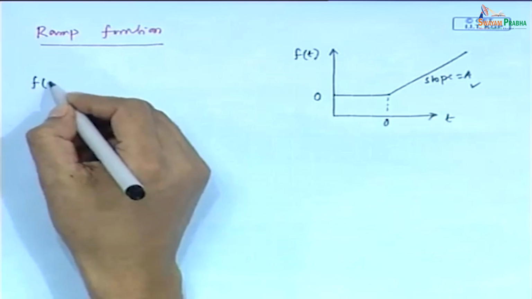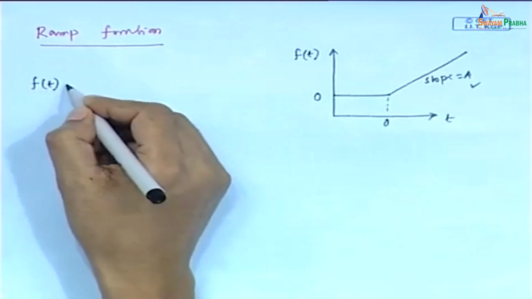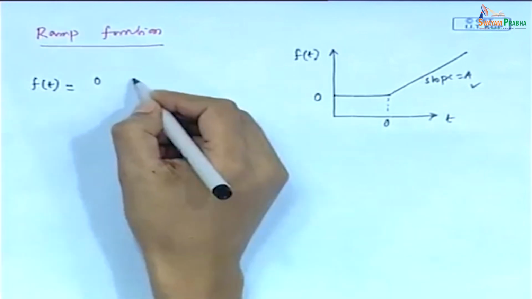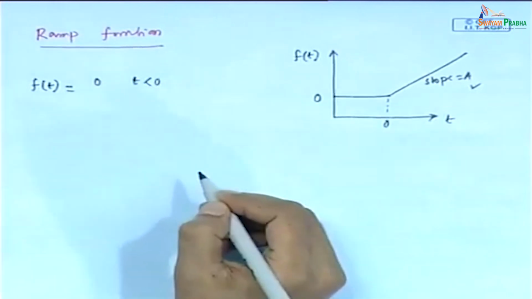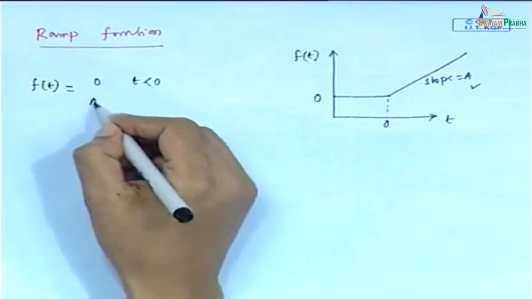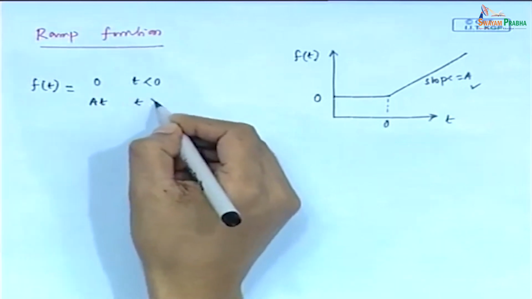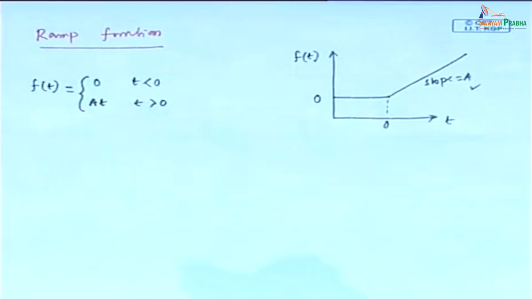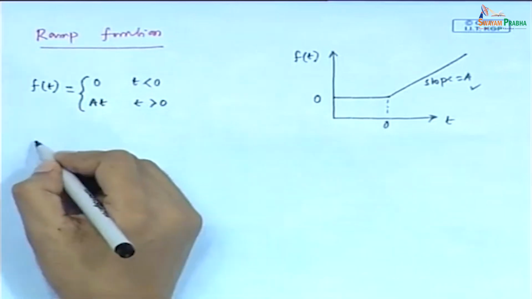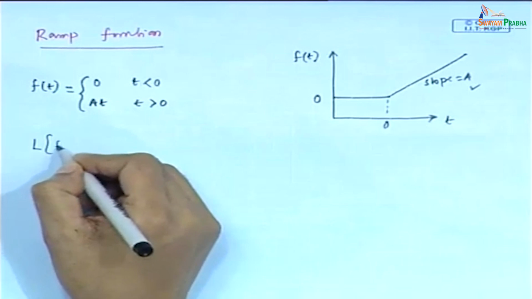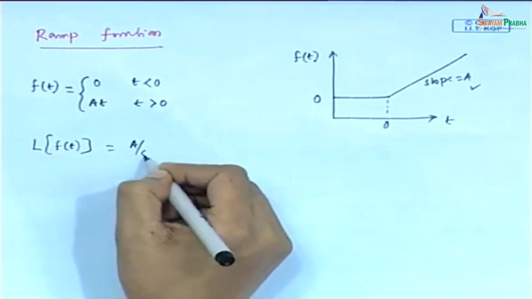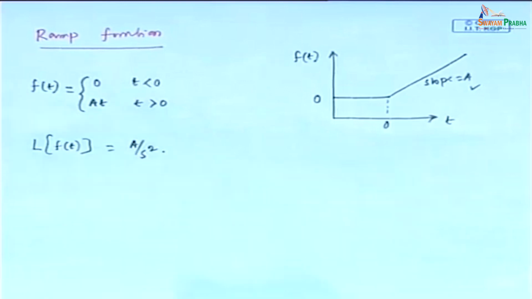So, if f of t is the ramp function, then it is 0 when t is less than 0, and it is a t when t is greater than 0. Fine. And the Laplace transform of this is a by s square.